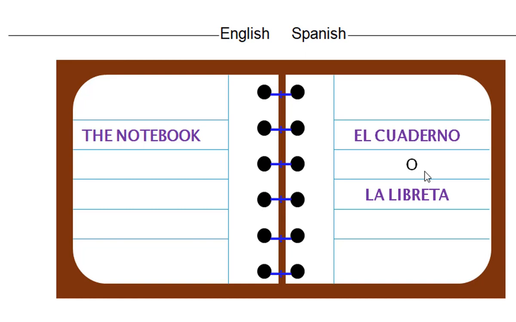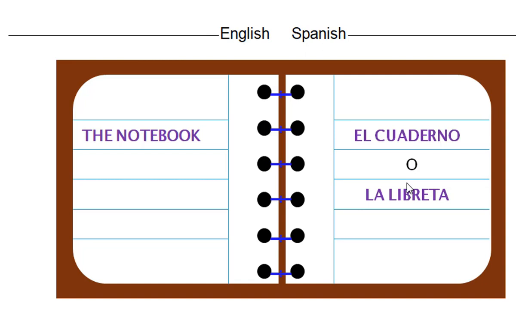So "or" is the word which indicates options or variations. The Español form of it is o. So here we are saying el cuaderno o la libreta, which means el cuaderno or la libreta. Both are forms of the notebook. O means or in Español.